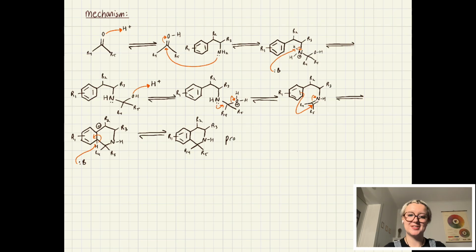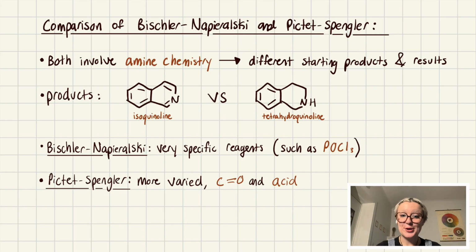Okay, so for a quick recap and an overview of the comparisons, both involve amine chemistry, which means they're both nitrogen containing, but they have different starting products and results. So the product of the Bischler-Napieralski is an isoquinoline, which is on the left, and for the Pictet-Spengler, it is a tetrahydroisoquinoline.